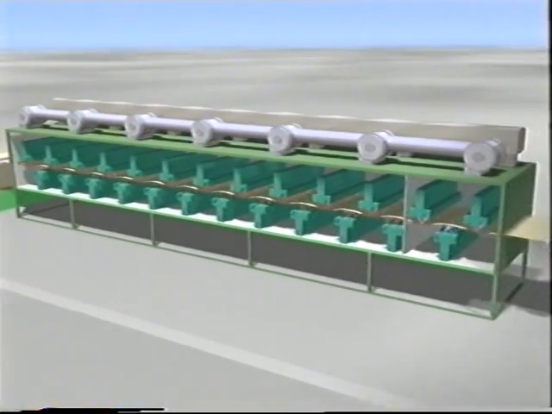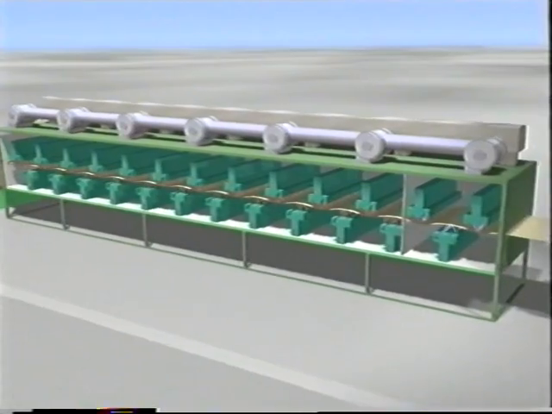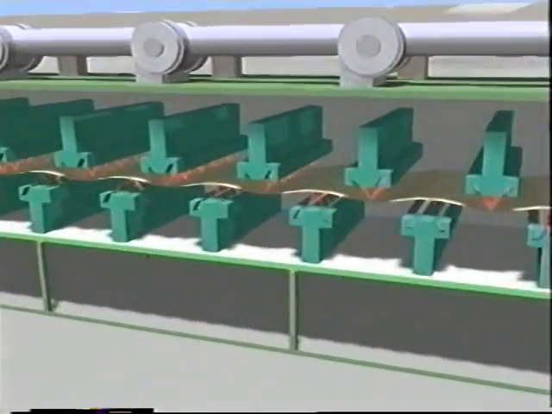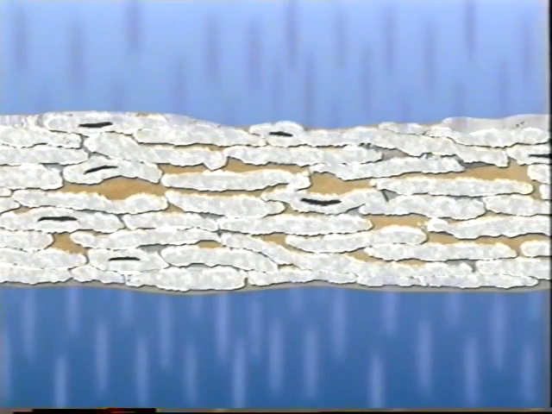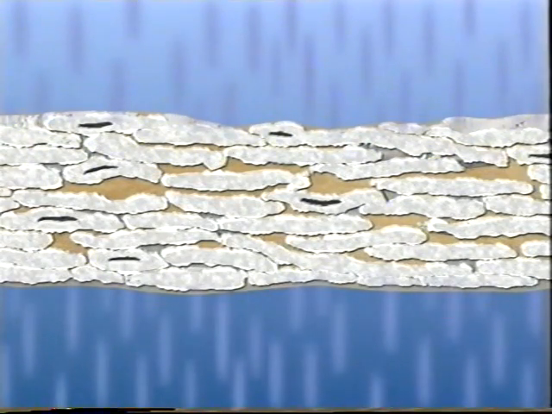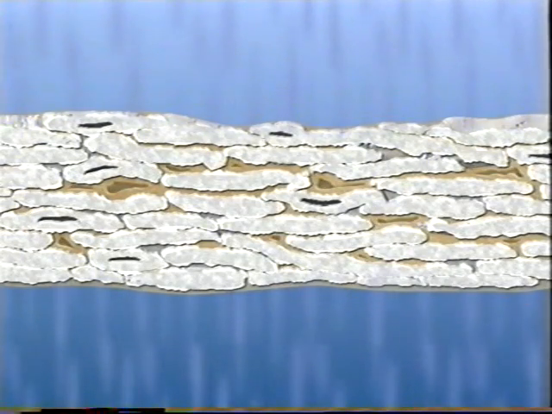The paper is guided through the drying oven on a cushion of air. The web's temperature, however, does not exceed 100 degrees centigrade. Swirling hot air causes water to evaporate from the web, which reduces the resin volume. Air pockets are created inside the resin, but the paper thickness remains virtually unchanged.